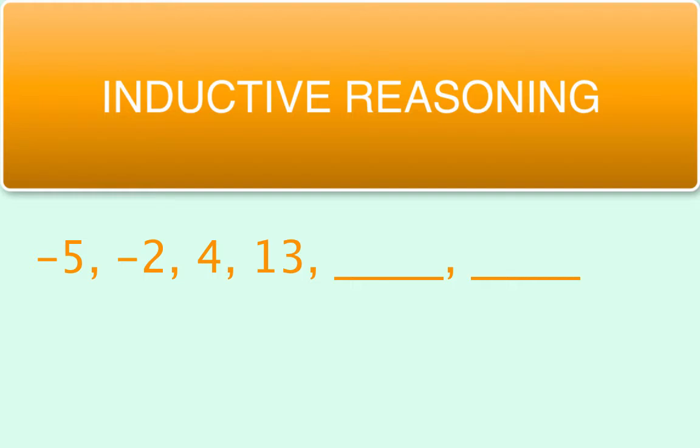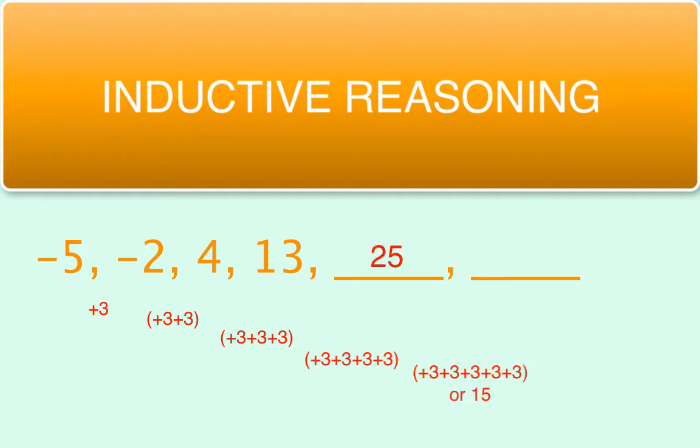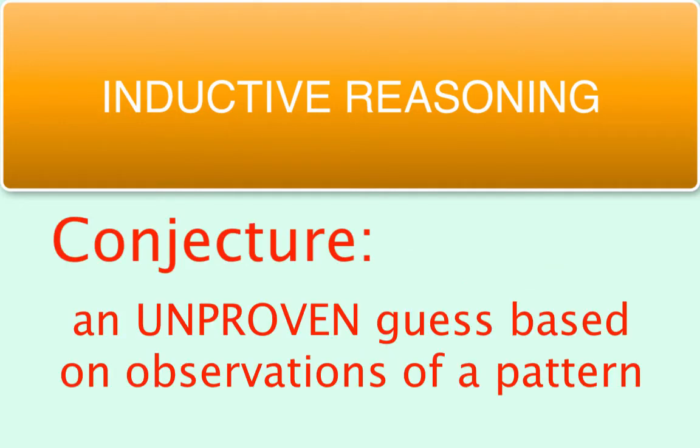For example, negative 5 plus 3 was negative 2, but negative 2 plus 3 plus another 3 equals 4, and that 4 plus 3 plus 3 plus another 3 equals 13, so 13 plus 3 plus 3 plus 3 plus 3, or 12, would equal 25, and then 25 plus 15 equals 40. This is inductive reasoning. I notice a pattern, and then I make a conjecture. My conjecture is an unproven guess based on my observations.